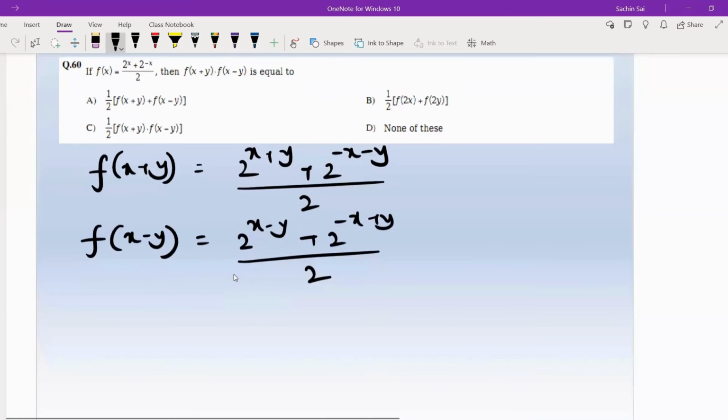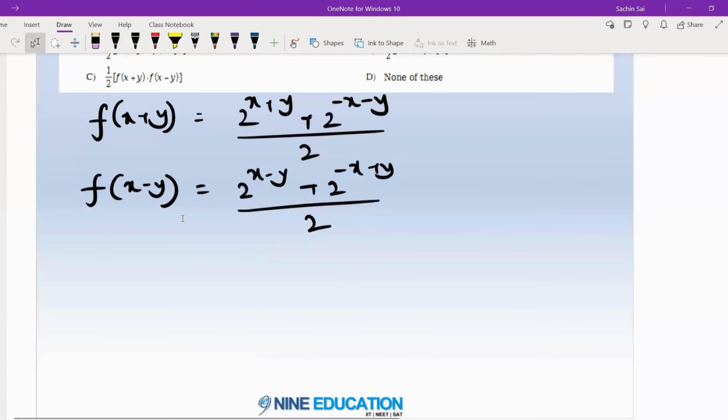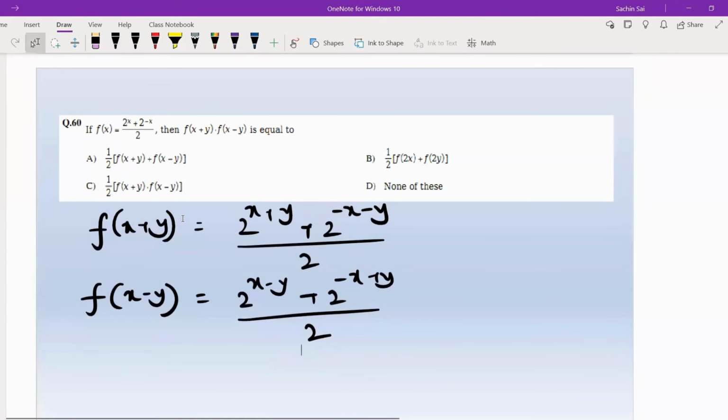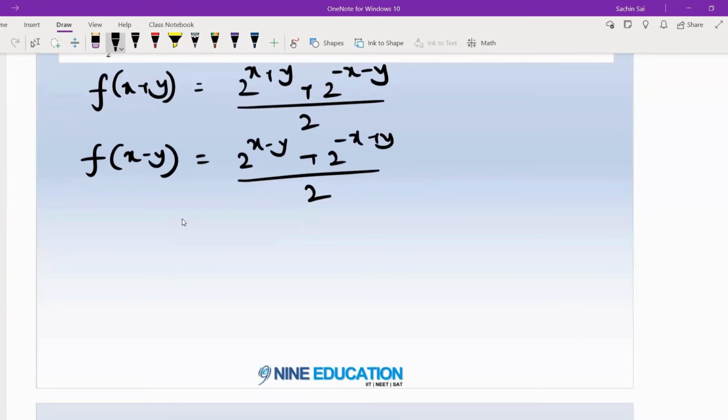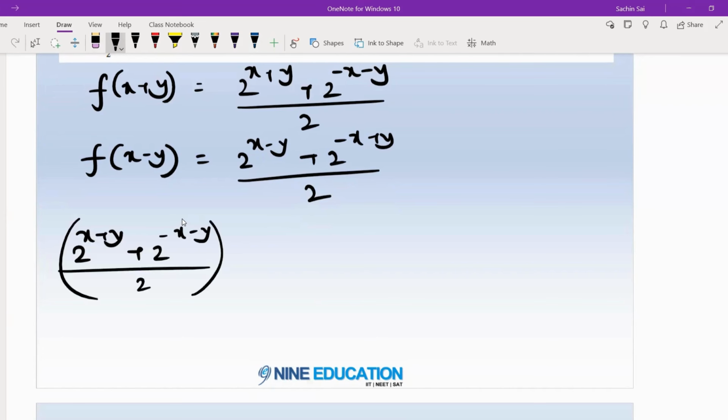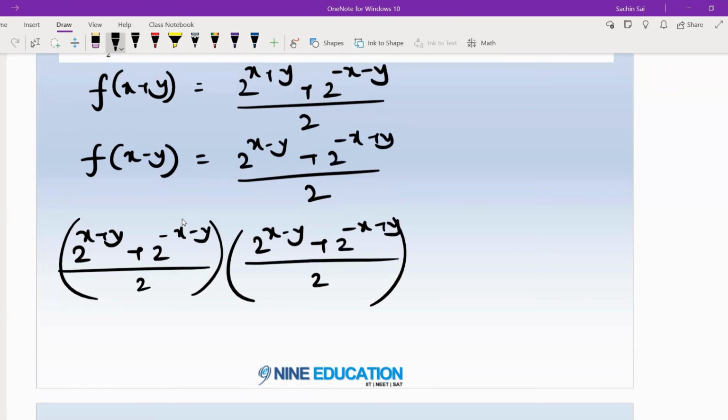Now, if you were to find the product of this, let's multiply these two. You get (2 power x plus y plus 2 power minus x minus y) divided by 2 into (2 power x minus y plus 2 power minus x plus y) divided by 2.